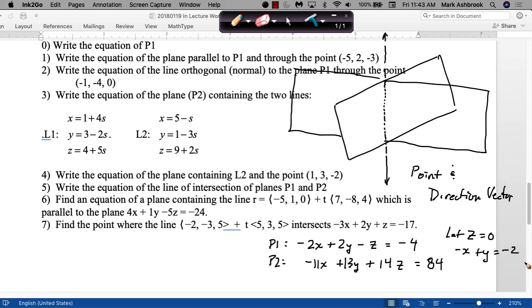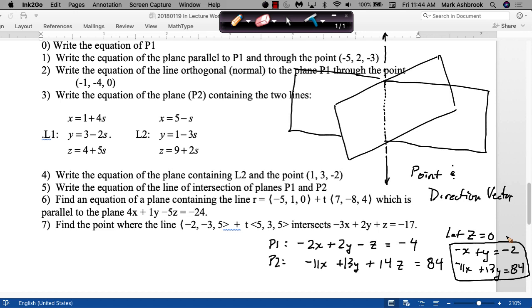And negative 11x plus 13y equals 84. If I solve those 2 equations, I'll get my x and y coordinates that go with z equals 0, and that'll be a point on the line. Good? All right, half done, right?